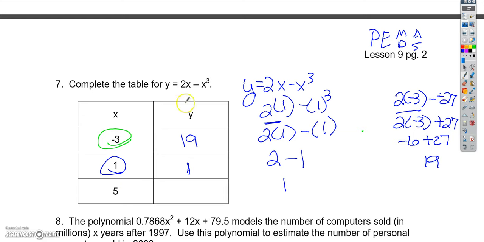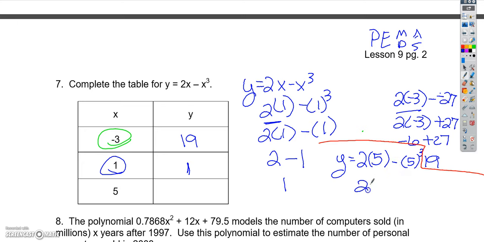So now I'm going to put 5 in. So y equals 2 times x minus x to the third power. Let me draw a line through here so you know where I'm working. So we're going to put 5 in. There's 5, there's 5. Exponents come first, so we'll leave this alone. 5 to the third power is 125, I believe.